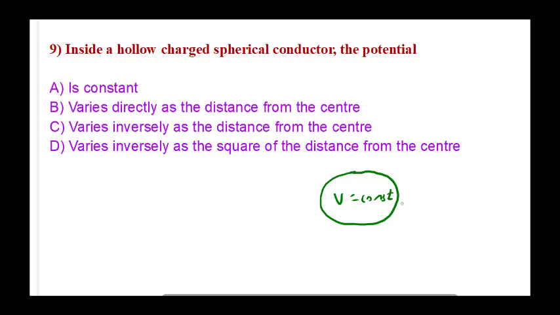All the charges, whether they are positive or negative, are on the surface. Because of which the electric field E inside the spherical conductor is 0 and V is constant inside. So A is the correct answer for this.